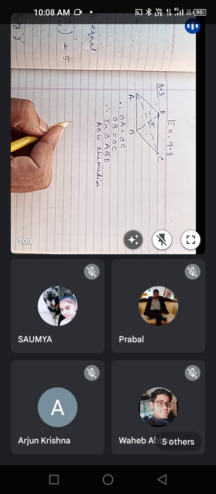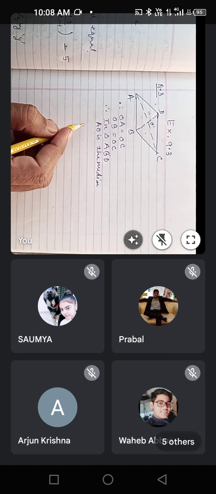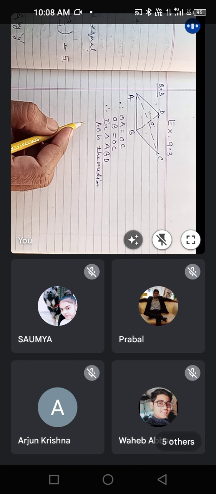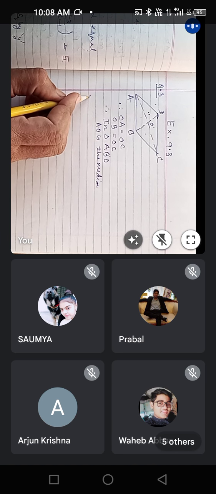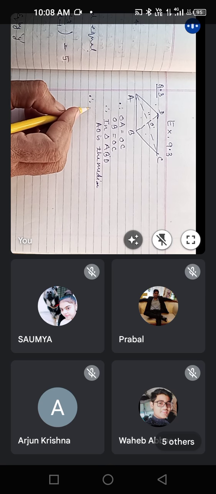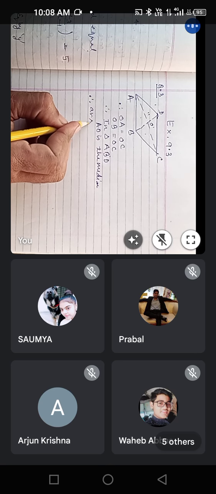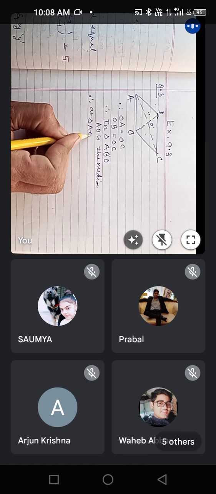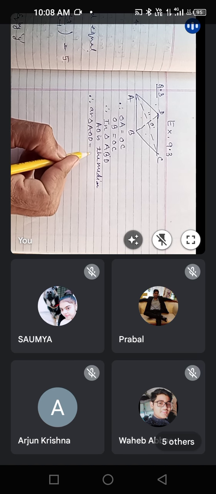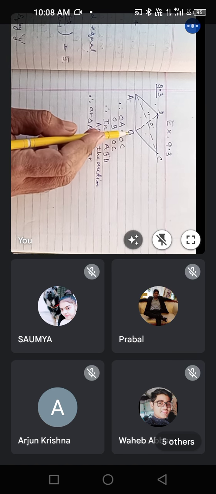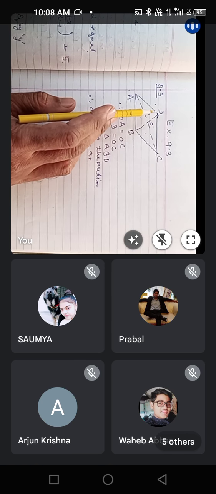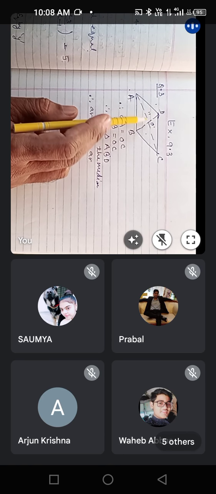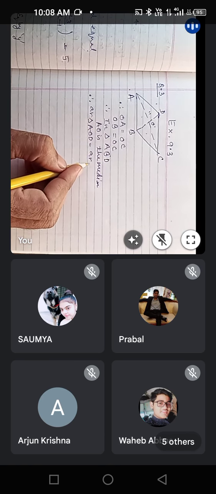And if AO is the median, then you have that a median divides a triangle into two parts of equal areas. Therefore, area of triangle AOD is equal to area of triangle AOB.